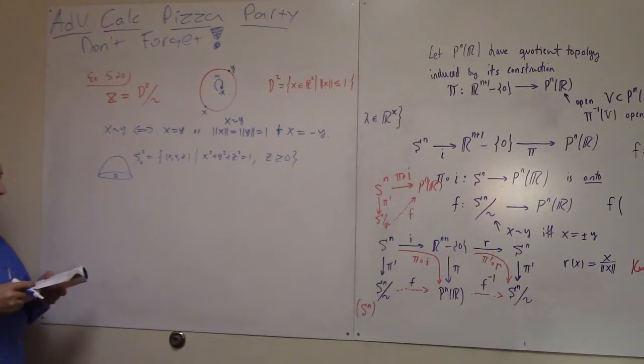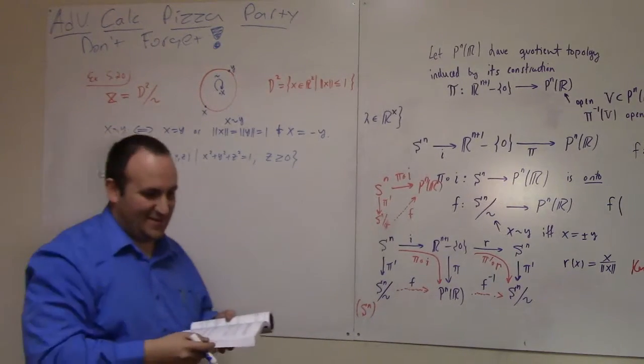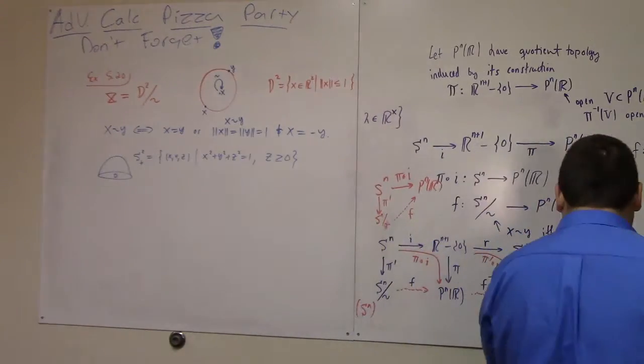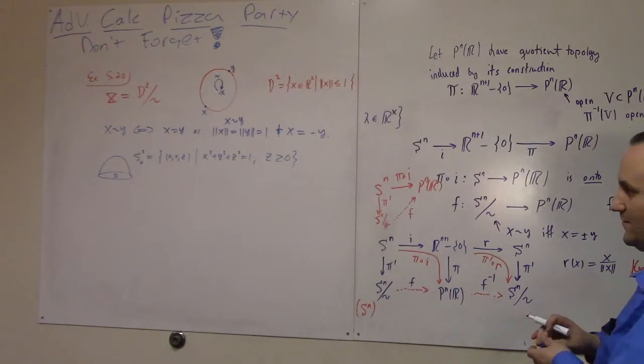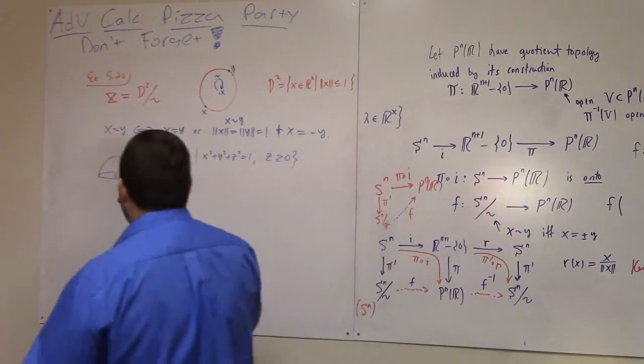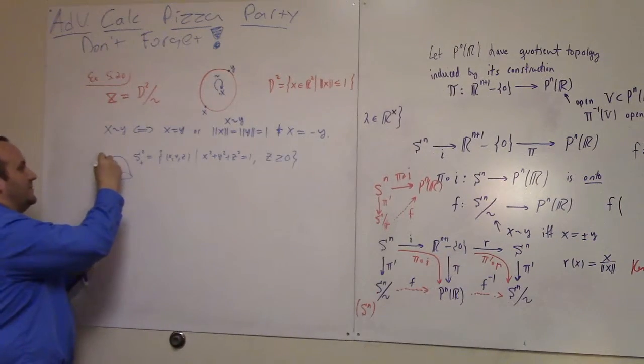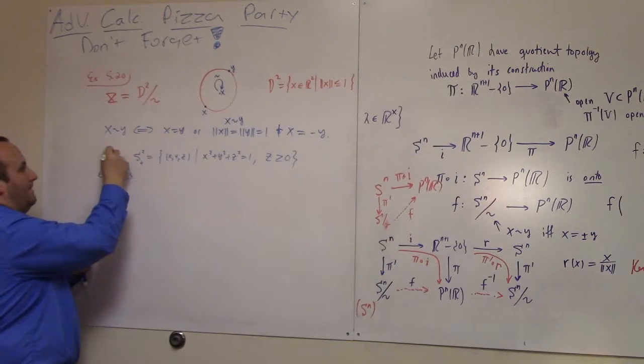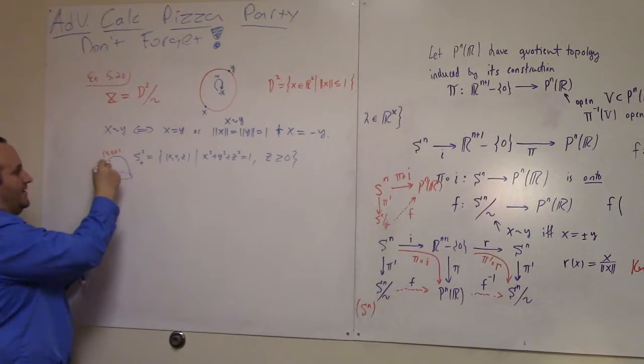Now here's a mapping I understand, the homeomorphism between the disk and that upper hemisphere. I think you guys can tell me what it is. You take the point x, y, z and map it to what? The point directly below it. Exactly, yeah.